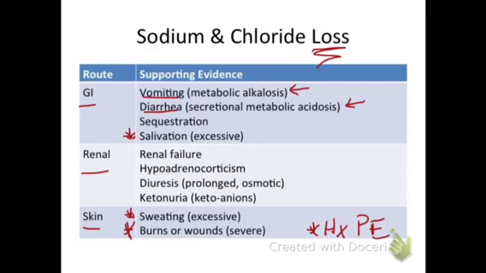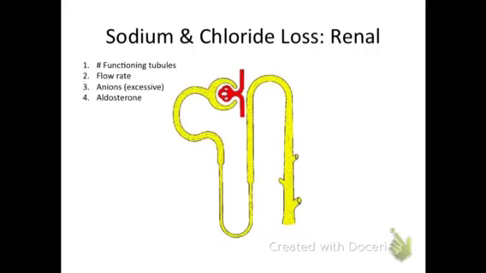Renal loss of sodium and chloride can occur with renal failure, hypoadrenocorticism, diuresis, and ketonuria. There are 4 mechanisms for renal sodium and chloride loss. Renal failure causes a decreased number of functioning tubules.